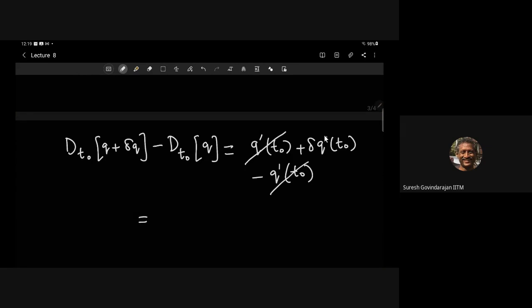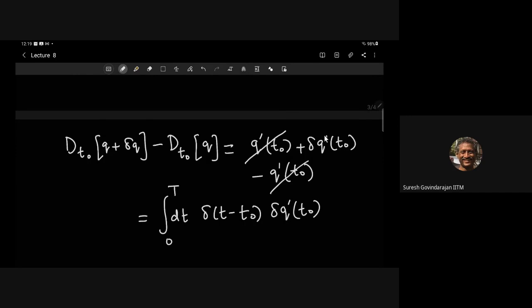This is equal to the integral from 0 to t of dt. Again, I will use the indicator function, the delta function picks. Now I'll take f of t to be delta q prime. This prime means delta q is some function and you take its derivative with respect to time.